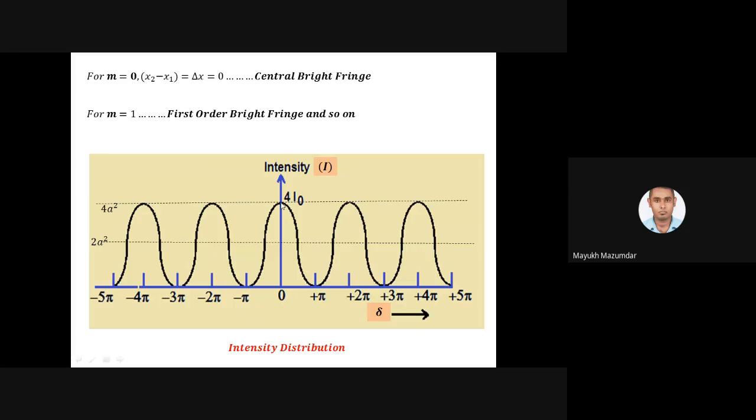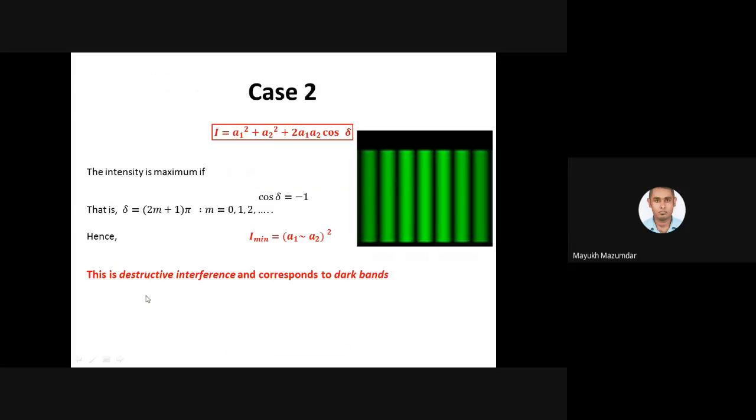So see, where are you getting maximum intensity? At 0, 2 pi, 4 pi, minus 2 pi, minus 4 pi. That is, you're getting maxima at even multiples of pi, isn't it? That's what we said. M0 means 0, M1 means 2 pi, 4 pi, and so on.